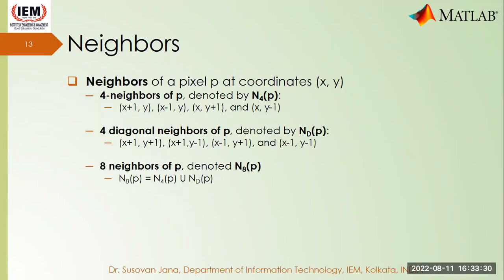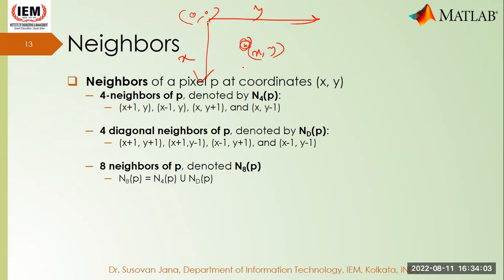Now we need to know a very basic thing of image processing, that is the neighborhood of a pixel. For one pixel, we have 4 neighbors. Who are the 4 neighbors of one pixel? Suppose this is x, and this is y, starting from 0,0. So if this point is the pixel at coordinate (x, y), it will have 4 neighbors.